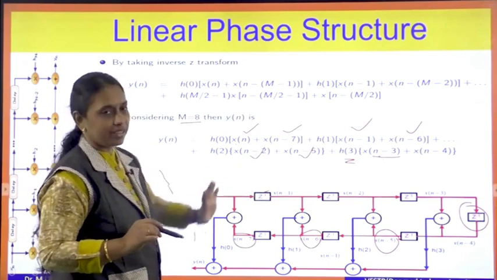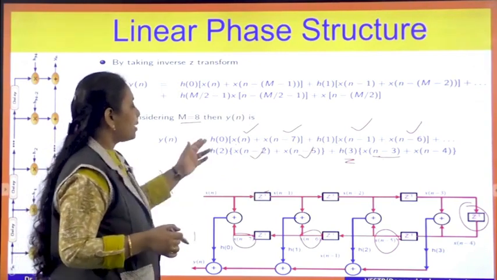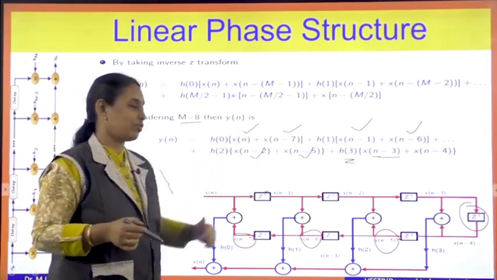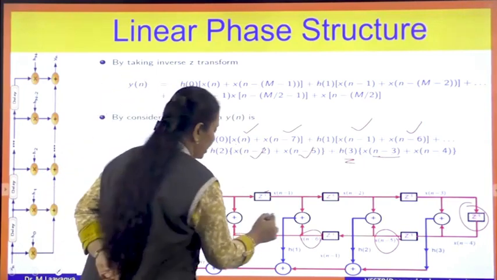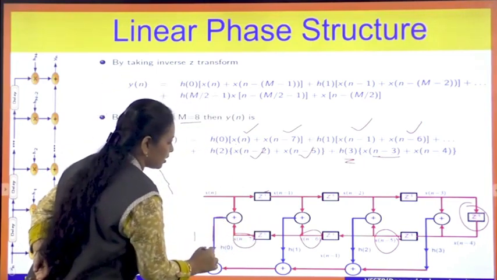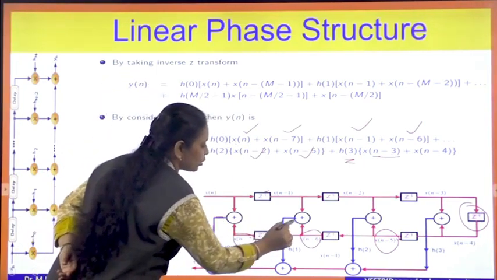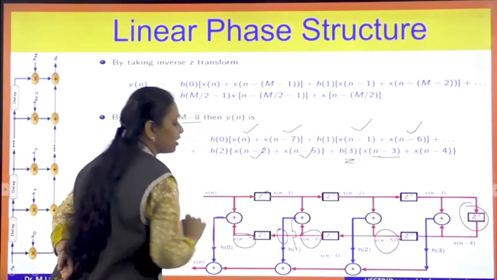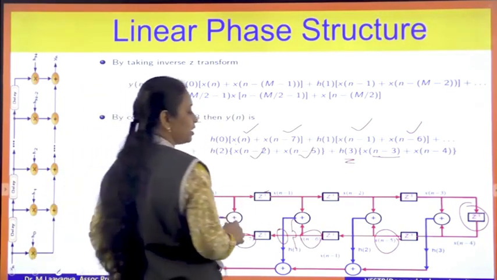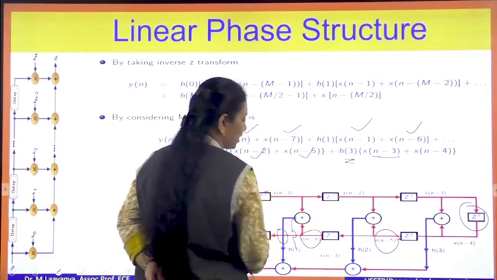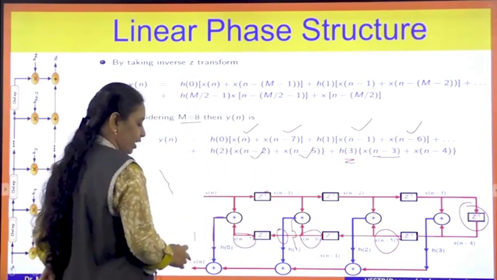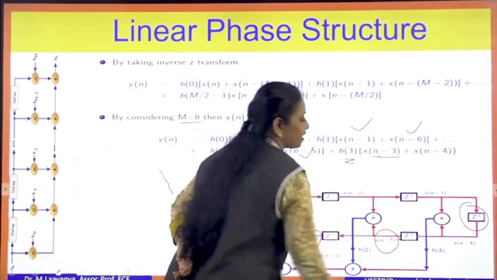I have added everything. Now I need what? A multiplier h of 0, h of 1. So you take a separate line from it, and while you are crossing here, you should not touch the line. You have to put it like this, and you have to put all the multipliers, and add them. You can add on this side, otherwise you can add on this side.